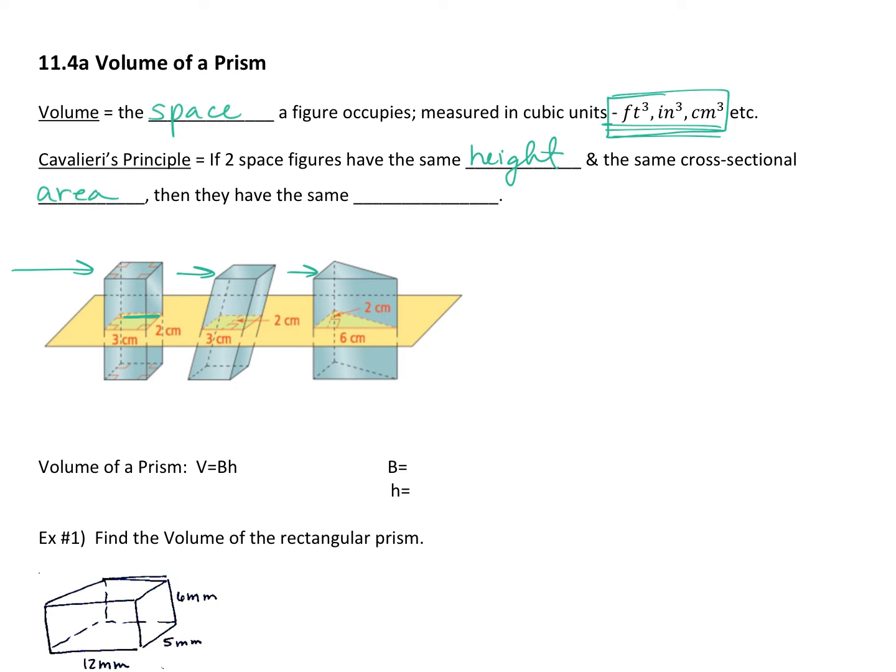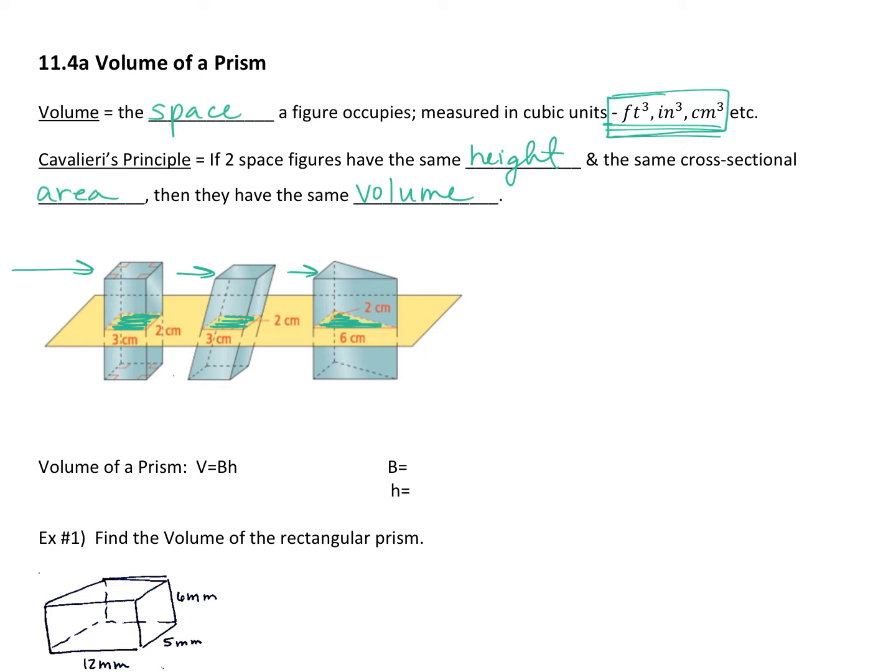So if you look at their cross sections, this has an area of 6, this parallelogram has an area of 6, and this triangle has an area of 6, 1/2 base times height. So if their cross section area and their height are all the same, then they will have the same volume, okay? Which gives you the volume formula, right?